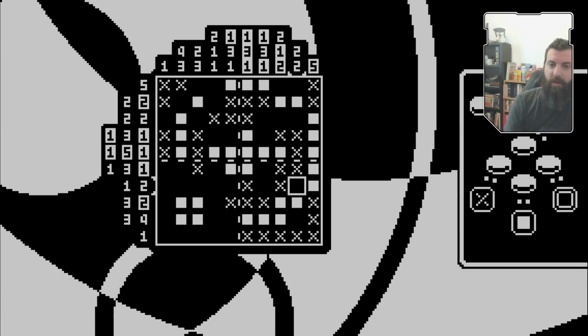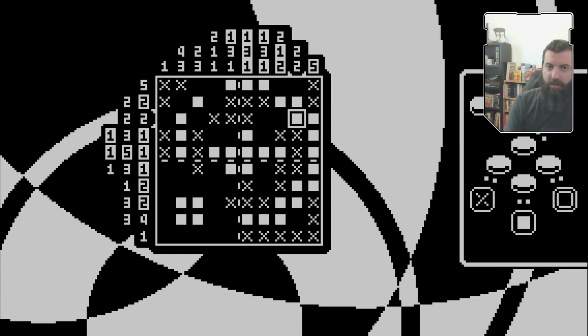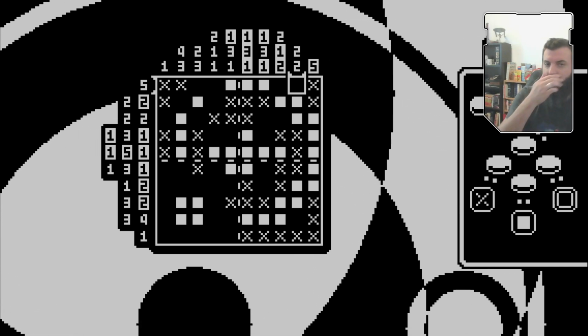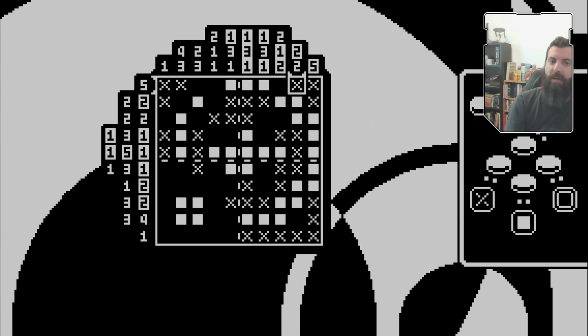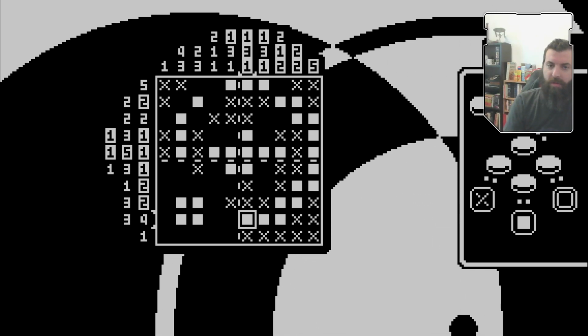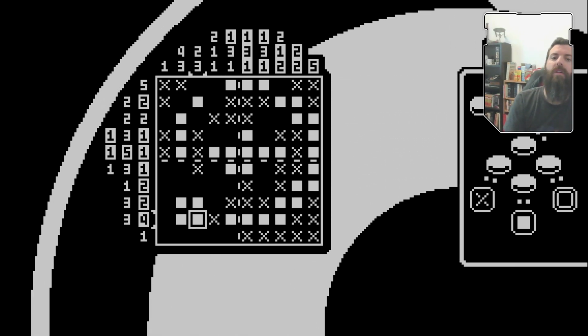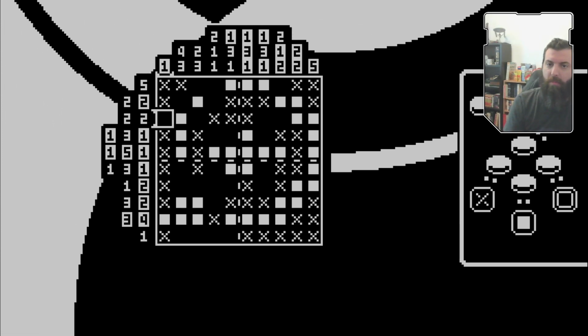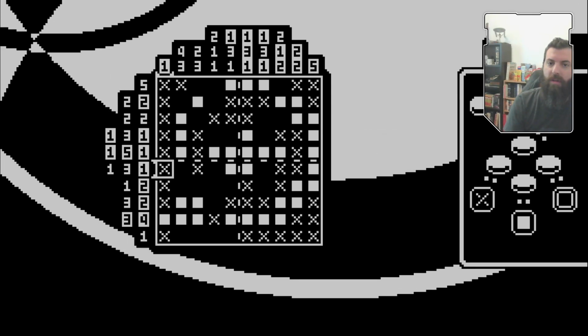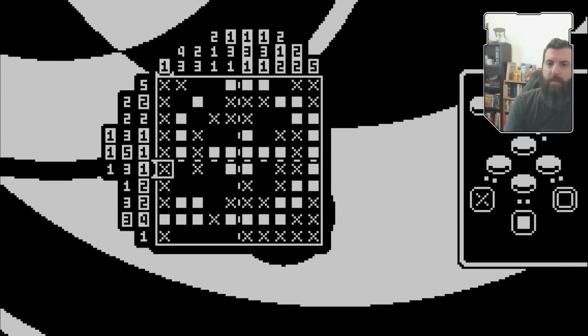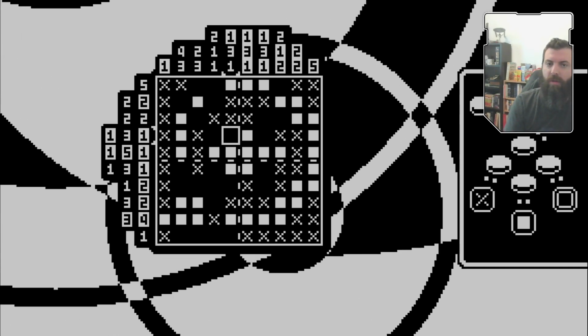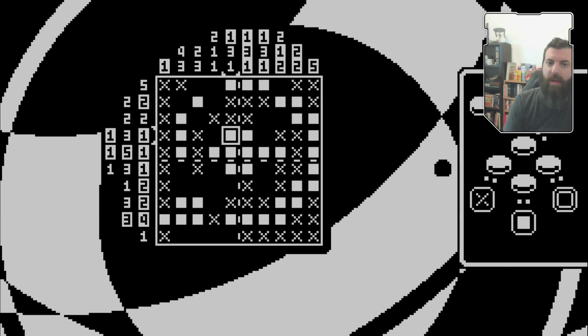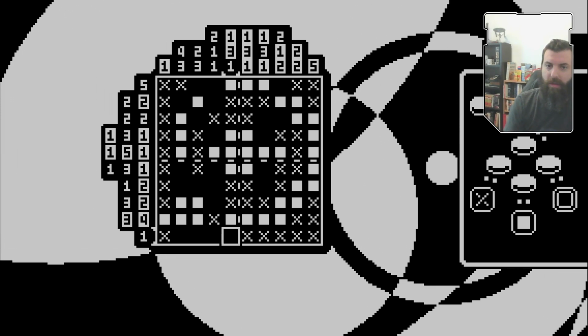We have a horizontal 2 here and a horizontal 2 here, which gives us our vertical there, and we've completed our vertical here, our 4, lets us complete our 3, which lets us X out a bunch of stuff. With that X'd out, we know that we've got another 3 that has to go here, which leaves this out.